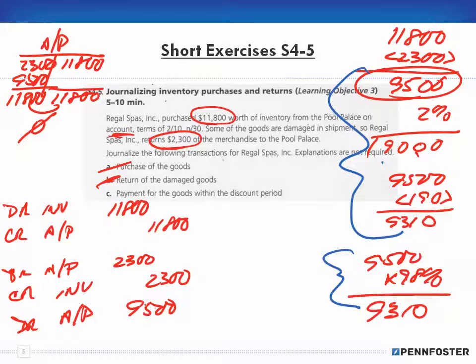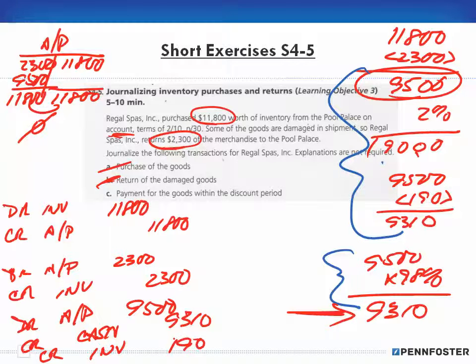So I debit my 9,500 to accounts payable, and then I have to credit something else. Well, what am I paying? I'm paying cash, right? Because I'm paying off the accounts payable, and I'm paying it for the amount after the discount, which is 9,310. Oops, let me write it in the right spot. 9,310. And of course, debits have to equal credits, so I have to credit something else, and that other thing has to be my inventory account for the amount of $190, right?